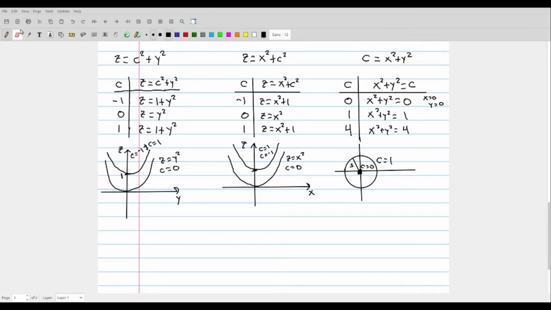And then the circle of radius 2 corresponds to c equals 2.